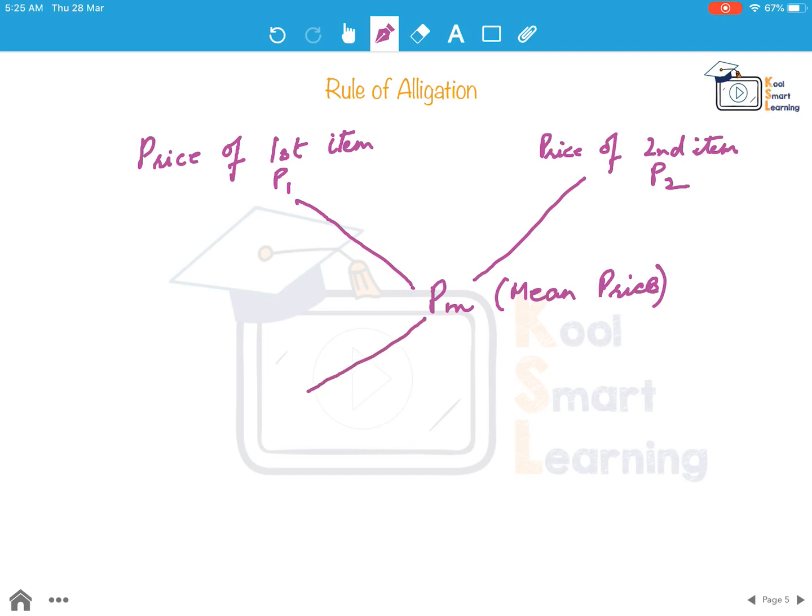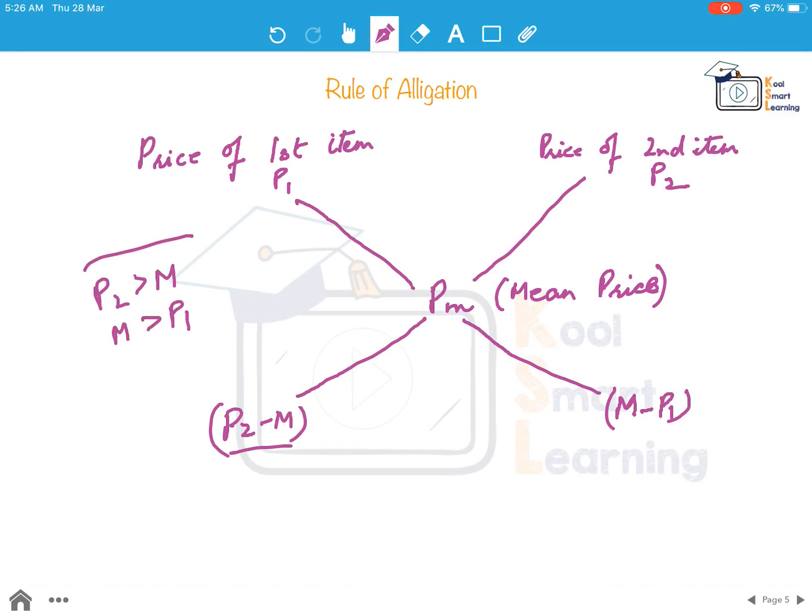Right? So we say P2 minus PM we draw here, and going on this side we get M minus P1. And again we are assuming that P2 is greater than M and M is greater than P1.